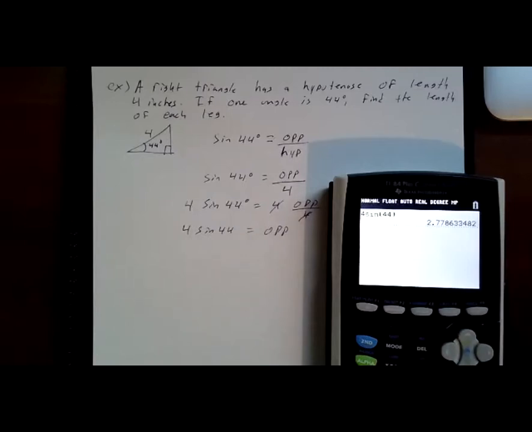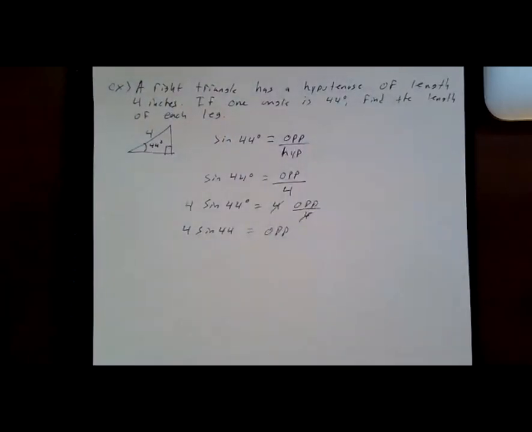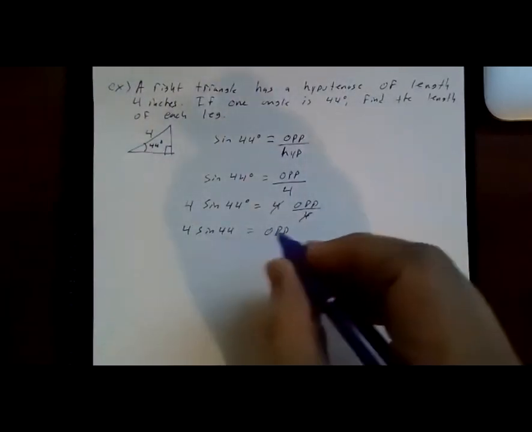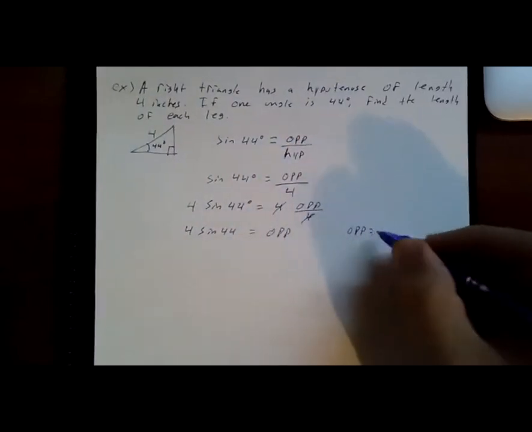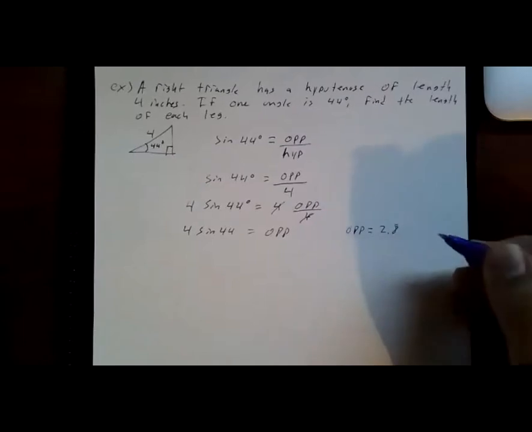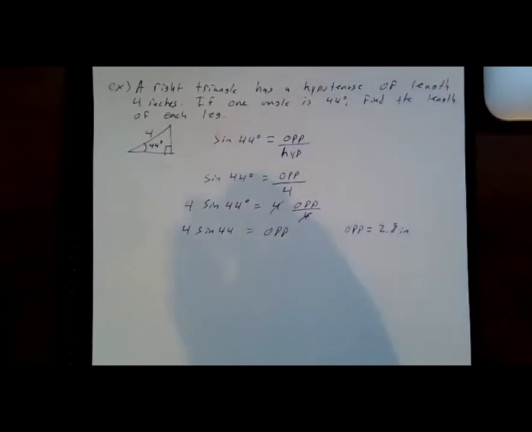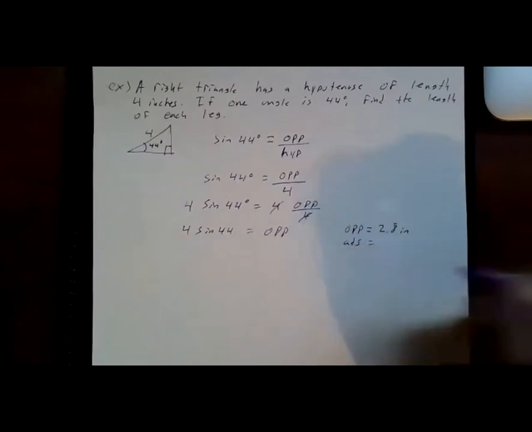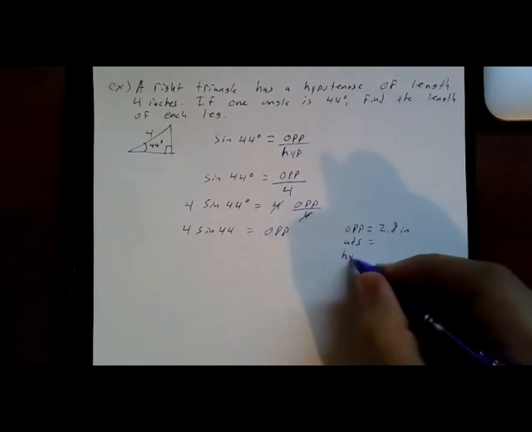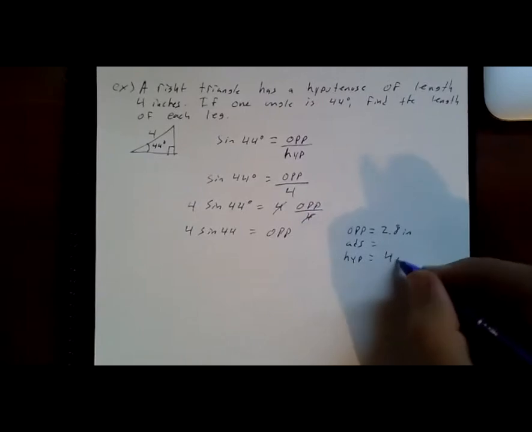The question should tell you how far to round. Let's round to the nearest tenth. So opposite is equal to 2.8 inches. Adjacent, I don't know yet. We'll figure it out soon. Hypotenuse is 4 inches.